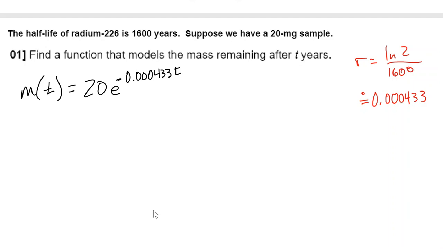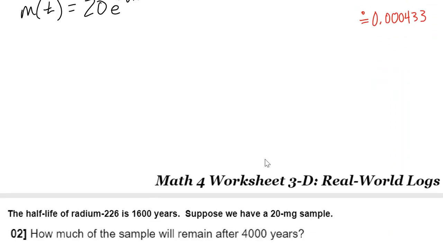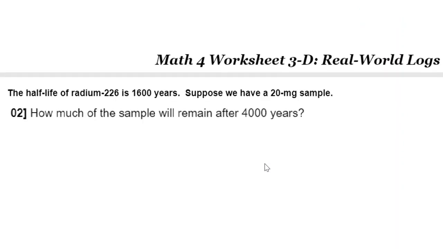So that's what our function should look like that we're going to be using. Then we ask the question, how much will be there after 4,000 years? And of course, all of this is dealing with years.